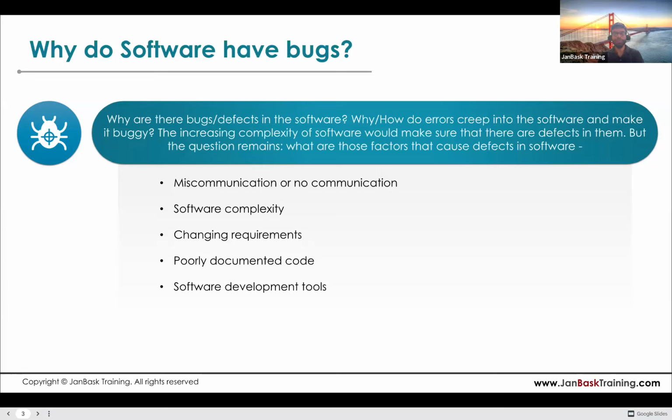At that time it would be difficult for everyone, for the development team and the testing team. You need to rewrite your test cases. The developers have to go and change their design, change their coding. While changing these things, this might be the reason of the software having bugs.